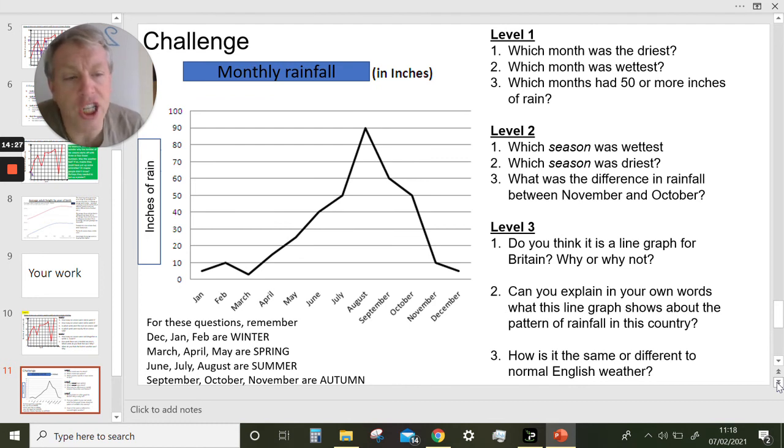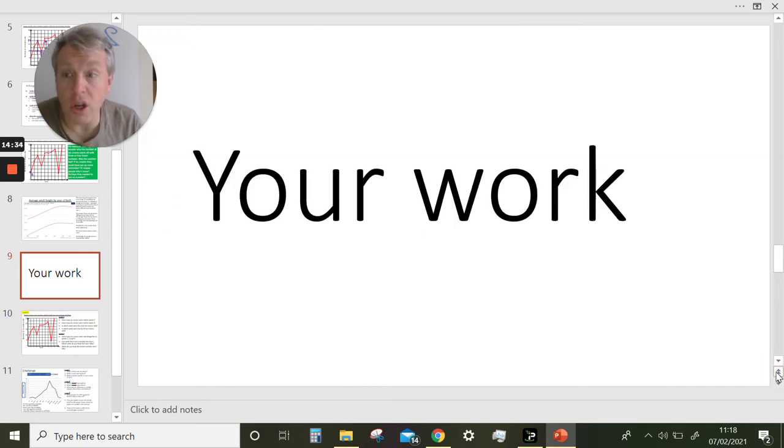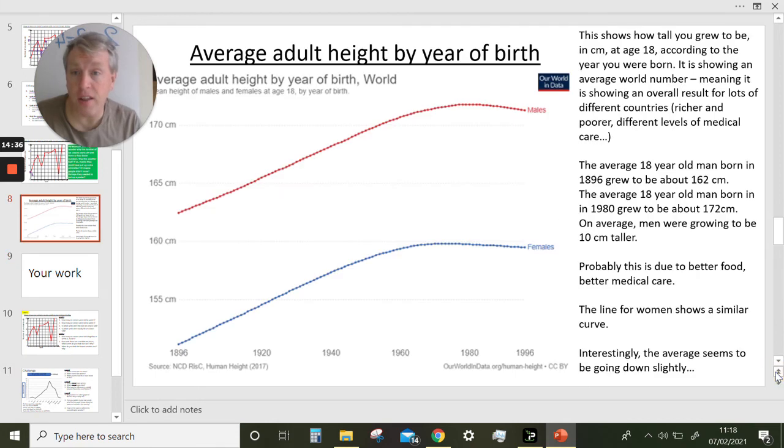an interesting line graph. And this line graph shows you the average adult height by year of birth. So it shows you, for example, if you were born here in the year 1896, how tall were you if you were a man, if you're a male?